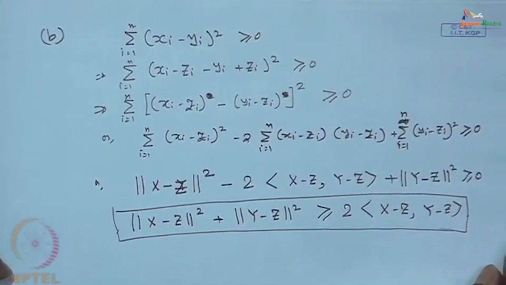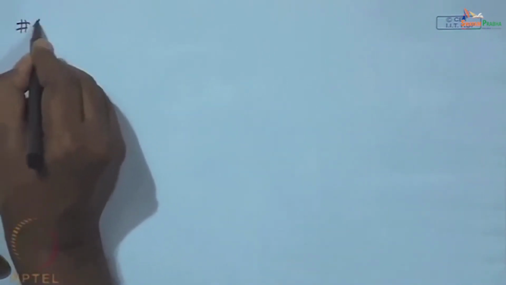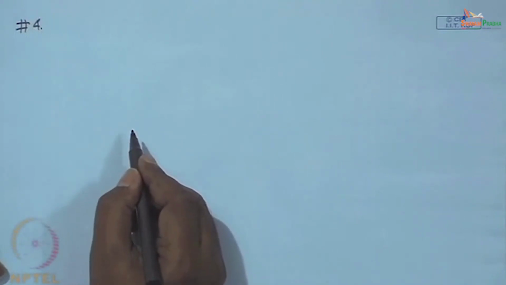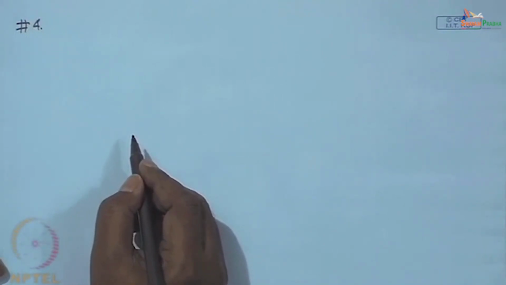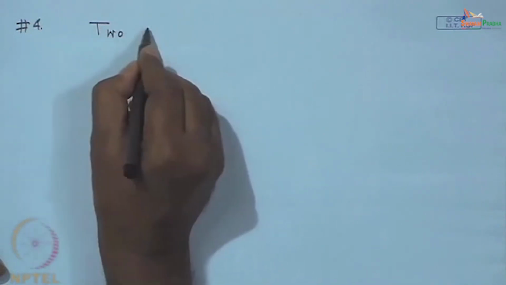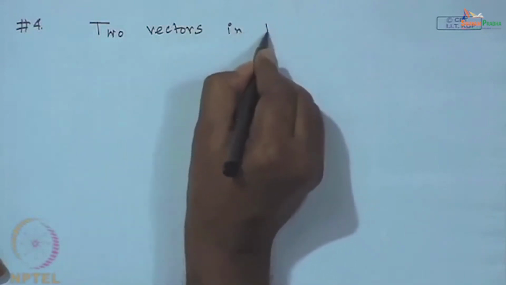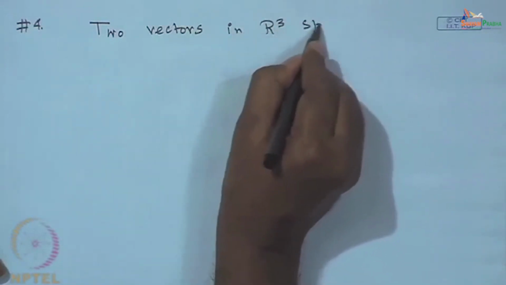Let us look into some more problems, so that the method and our intention is absolutely clear and the computation procedure will be clear. Now, let us look into two vectors in R3 space.